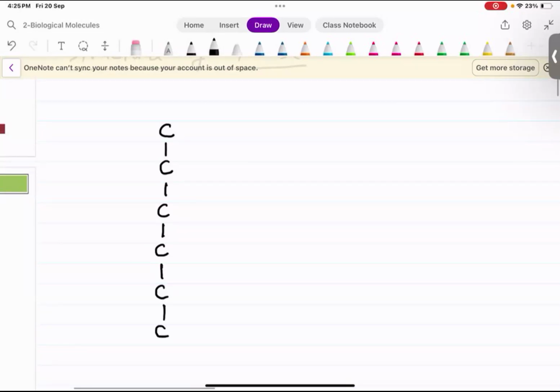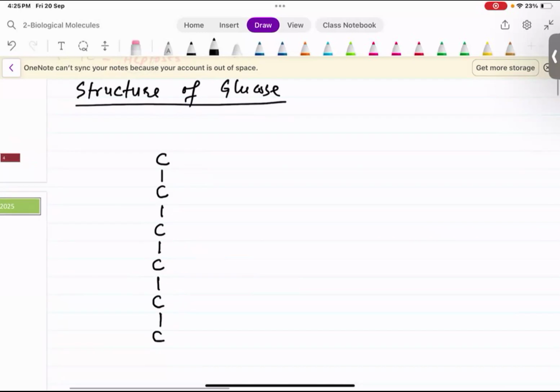So these are 6 carbon. Each carbon should have 4 bonds made with the other atoms. So every carbon has 4 bonds with the other atoms.